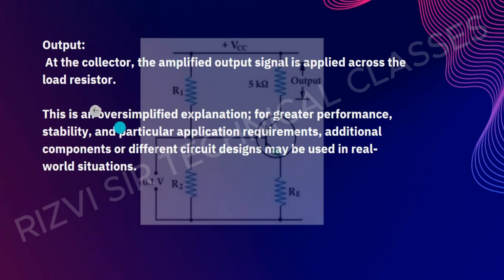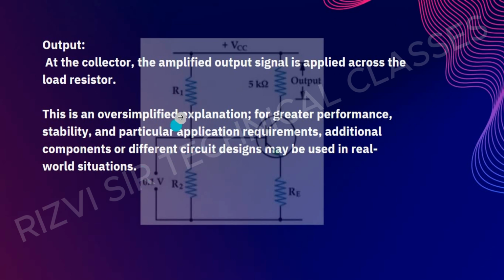This is an oversimplified explanation. For greater performance, stability, and practical application requirements, additional components or different circuit designs may be used in real-world situations. We can use multiple capacitors and multiple resistors, for good DC performance.